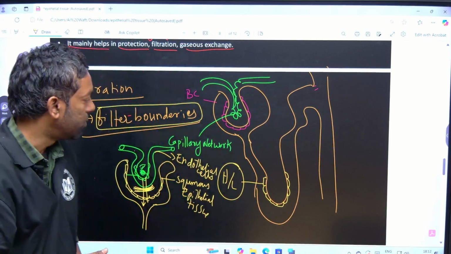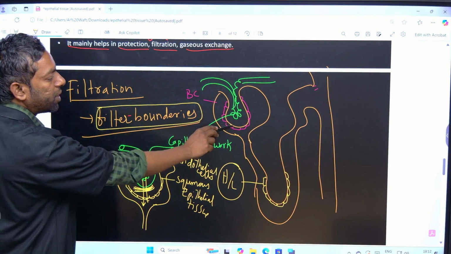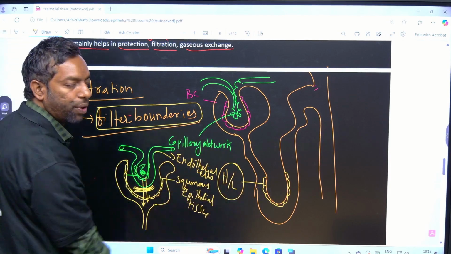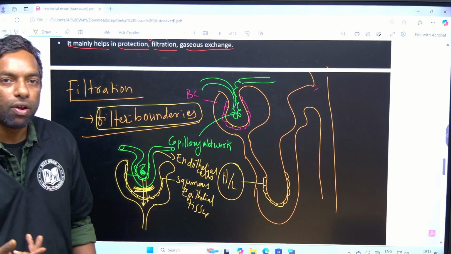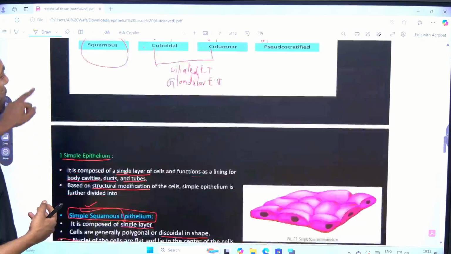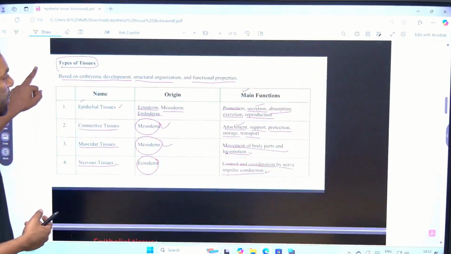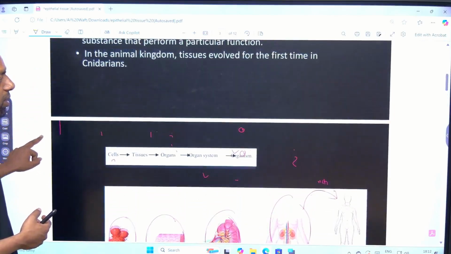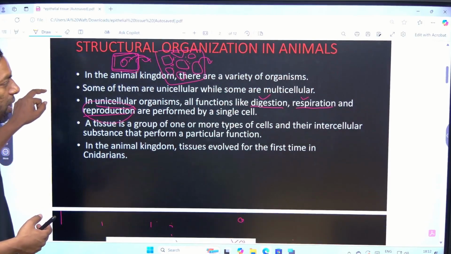In filtration boundaries, there is the Bowman's capsule and the loop of Henle. In diffusion boundaries, there is the alveoli sac and the capillary blood vessel. This is all about the structural organization, especially we completed up to the squamous epithelial tissue.